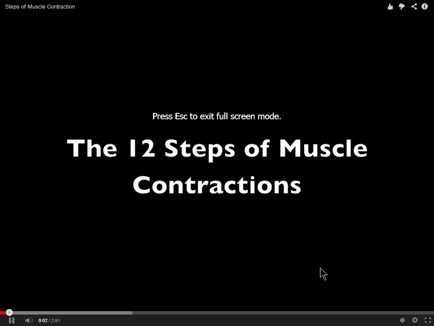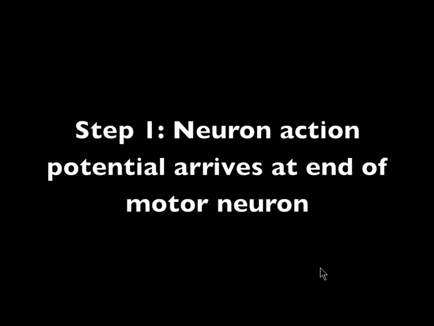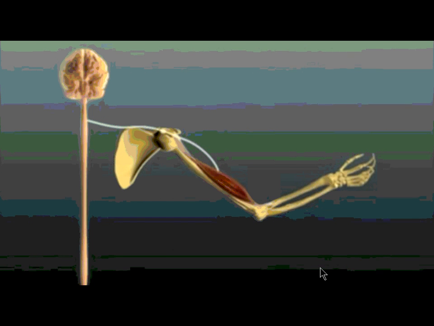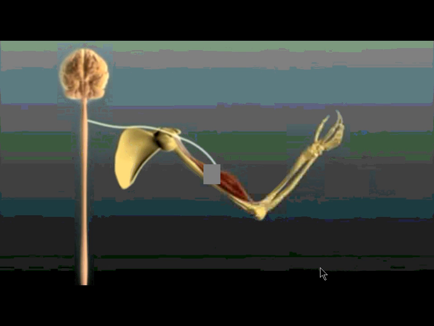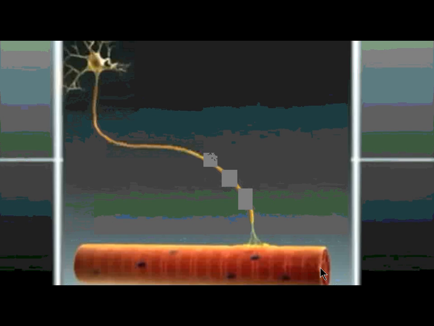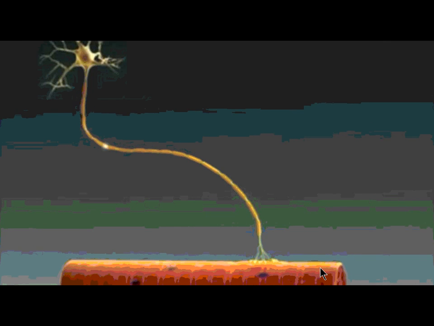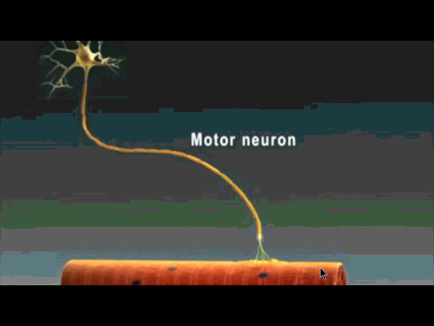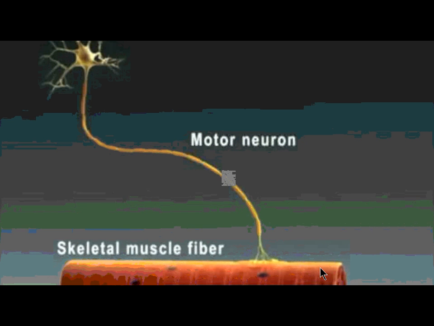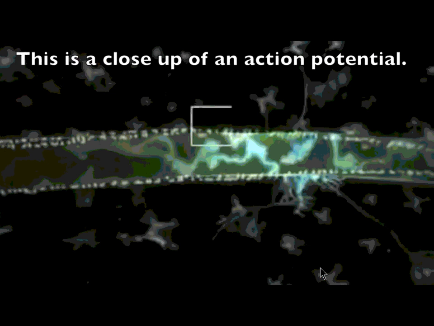The 12 steps to muscle contraction. Step 1. Neuron action potential arrives at the end of the motor neuron. Step 2. Acetylcholine is released.